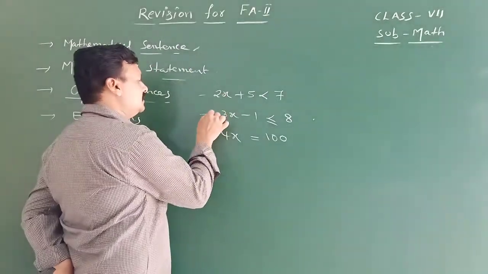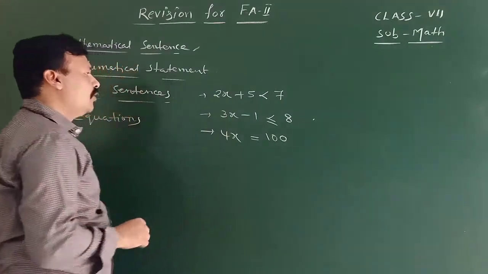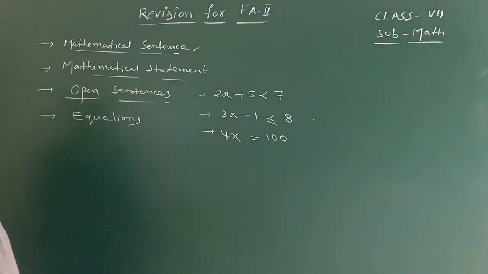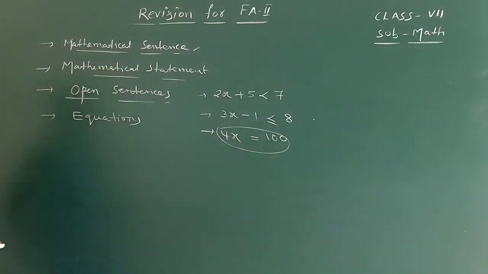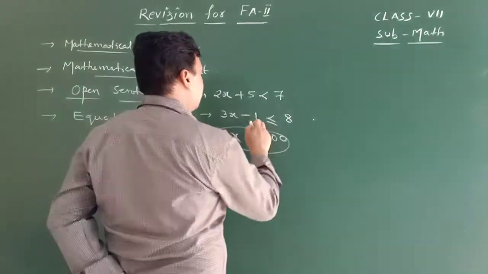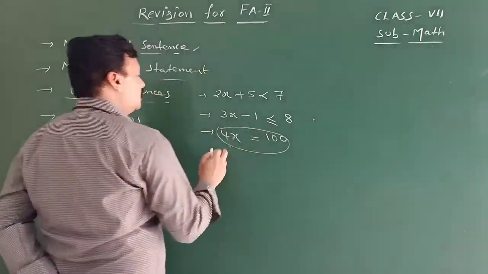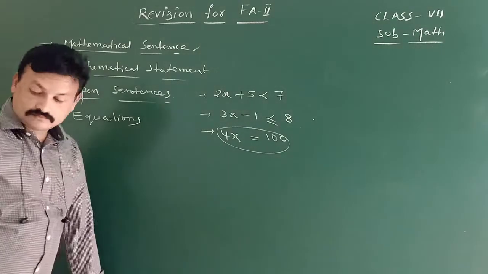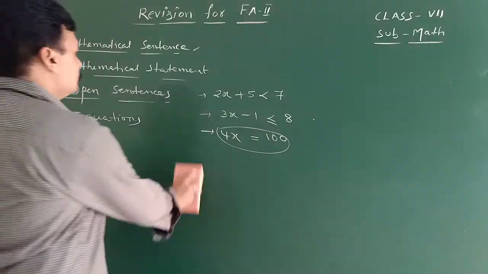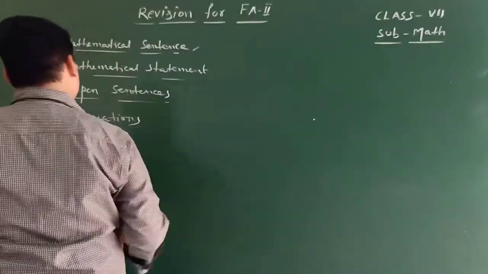Among the three given open sentences, only the third one is an equation. The first open sentence contains the less than sign, the second the less than or equal sign, and the third one only contains the equal sign. That's why it is called an equation.